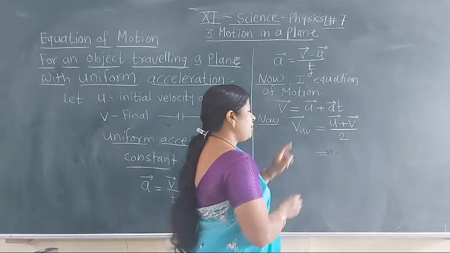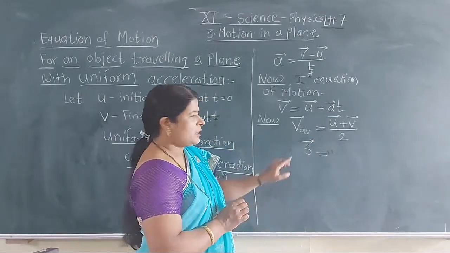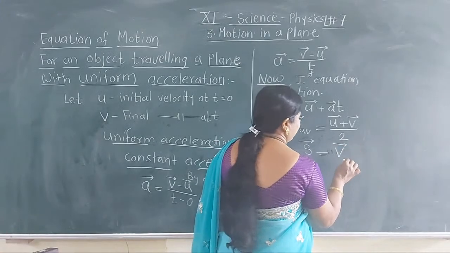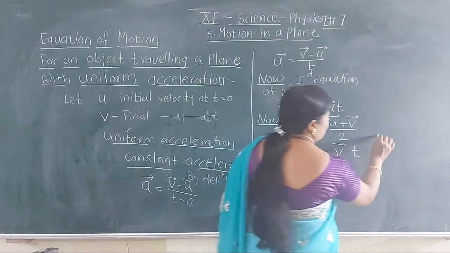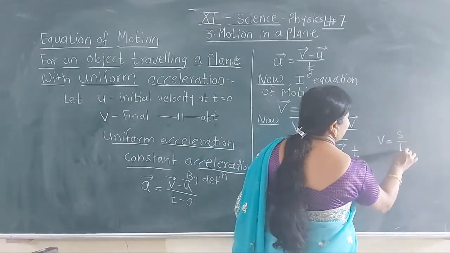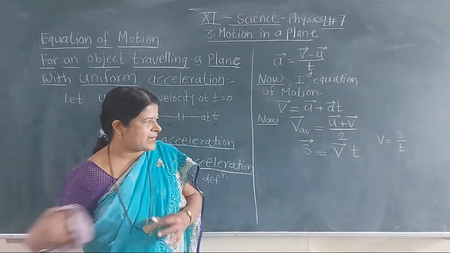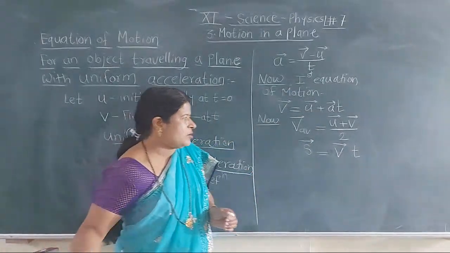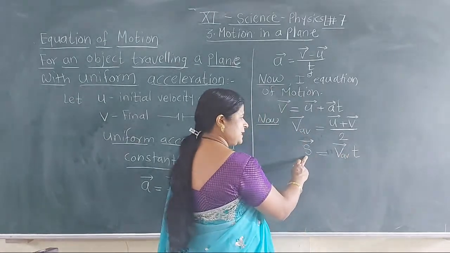Okay. Now we know the formula for displacement. Vector s is equal to vector v into t. The formula for velocity: velocity v is equal to displacement divided by time. Therefore for displacement, vector s is equal to vector v into t. Now substitute the value of v average, the average velocity, in this equation.